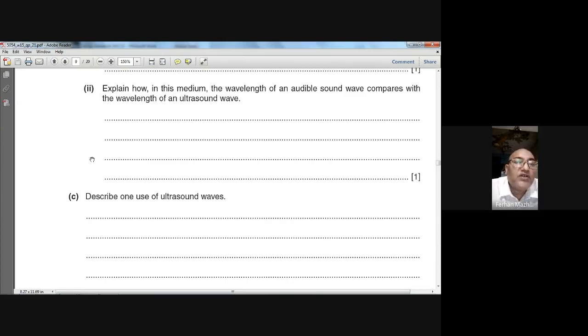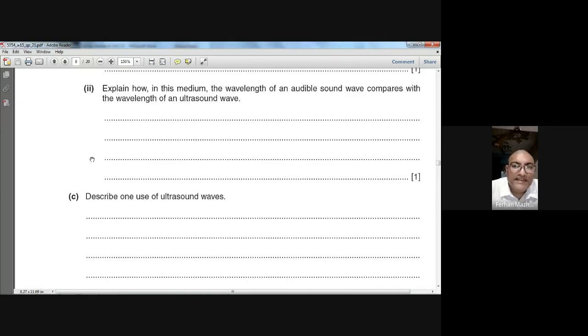And we know that the frequency of the audible sound is lower and the frequency of the ultrasound is higher comparative to each other. So we know that the velocity is the product of frequency and the wavelength.